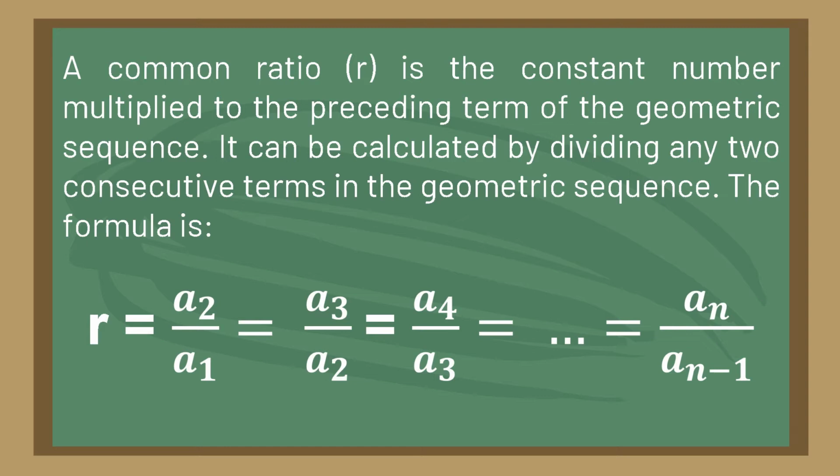It can be calculated by dividing any two consecutive terms in the geometric sequence. The formula is: common ratio equals a sub 2 divided by a sub 1 equals a sub 3 divided by a sub 2 equals a sub 4 divided by a sub 3, and so forth.